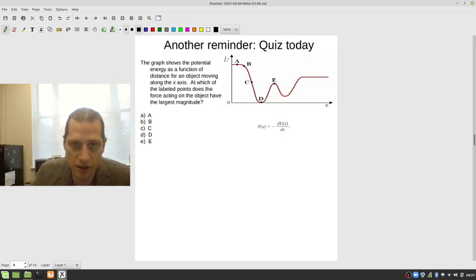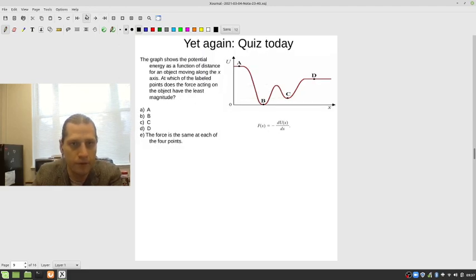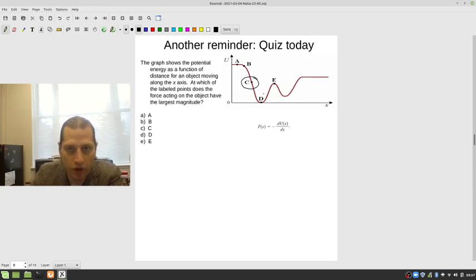This is the potential. What does this look like? Well, to me it looks like a slope. So where is our slope the biggest here? It's got to be right there.